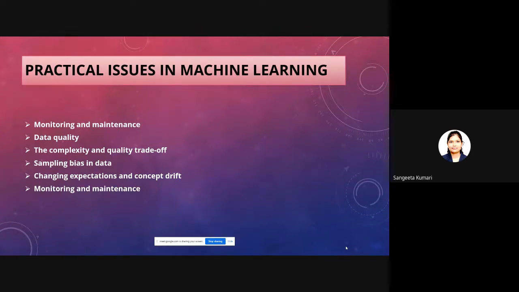Because the fuel of this machine learning is the data which you are providing, right? So your experience, or what we can say, we have talked about the performance. So this performance relies heavily on experience, right?